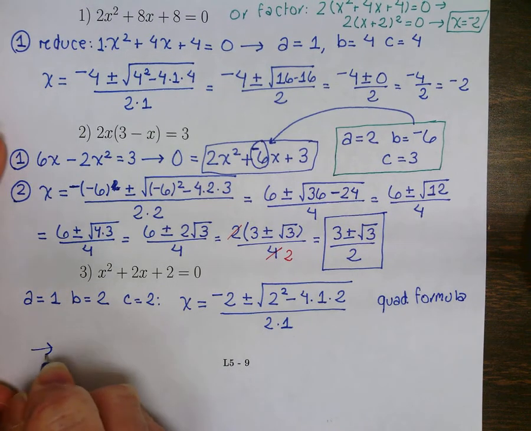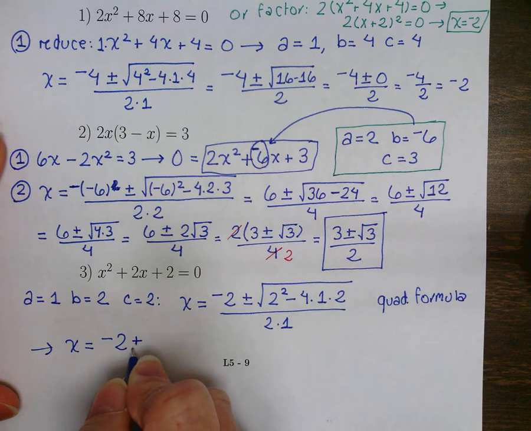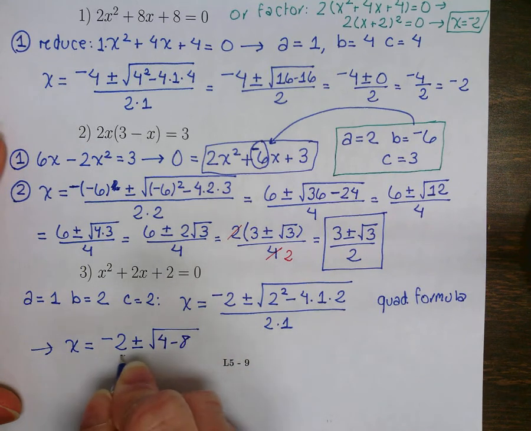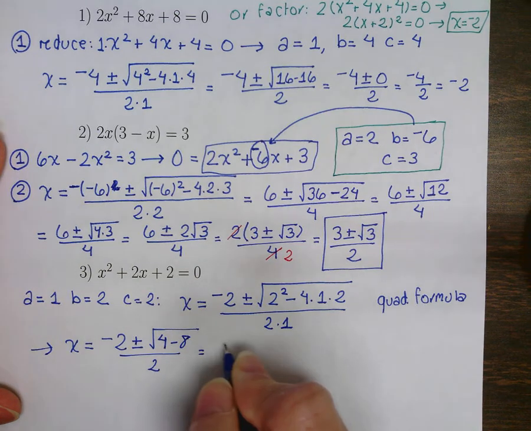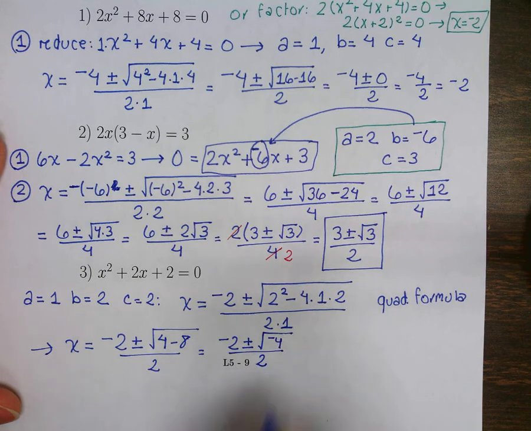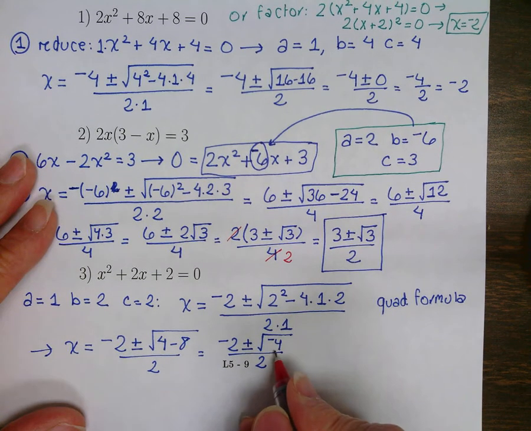And then when I go to simplify that, I get x equals negative 2 plus or minus the square root of 4 minus 8 over 2, which is negative 2 plus or minus the square root of negative 4 over 2. And we know that that is a problem because that is not a real number.